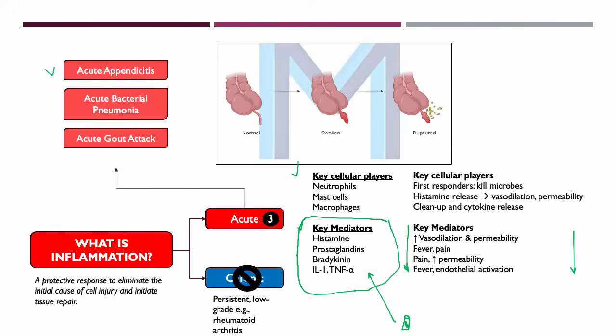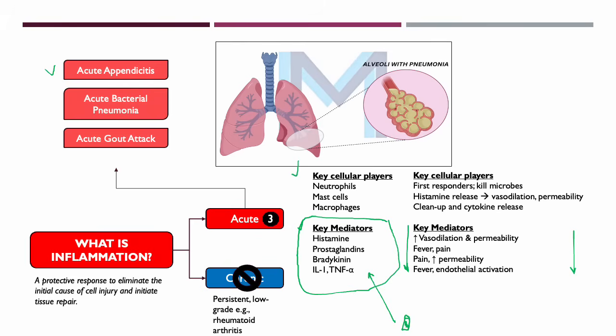Let's take a look at, for example, acute appendicitis. Acute appendicitis is triggered by obstruction of the appendiceal lumen, often due to something like lymphoid hyperplasia, leading to bacterial overgrowth and neutrophil infiltration. It's usually a textbook example of acute inflammation. It has the classic localized pain, fever. On labs, we see neutrophilic leukocytosis, etc.